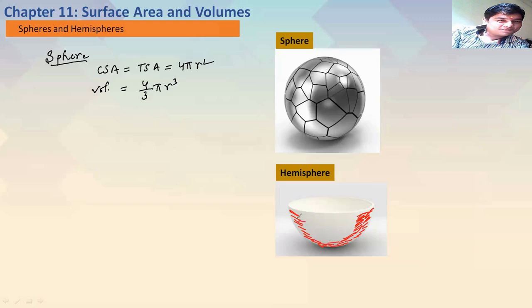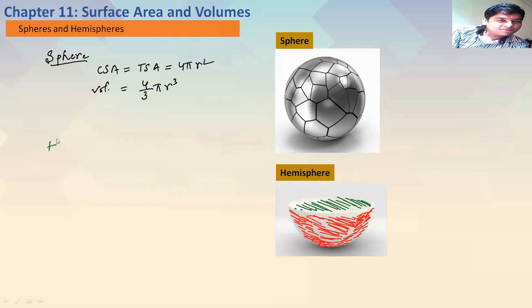You have a curved surface area and a total surface area. They are not equal. Curved surface area is different from total surface area. This is the curved surface, and this flat, circular part is the flat surface, okay?